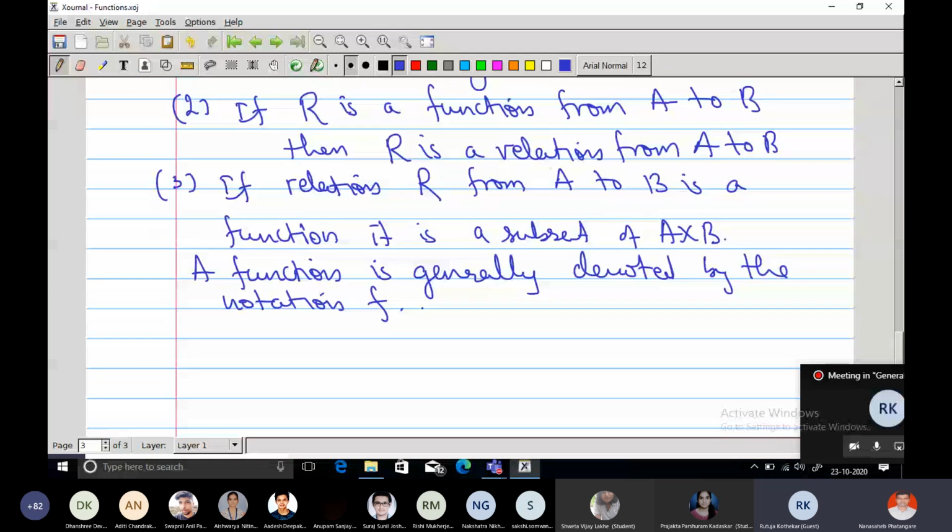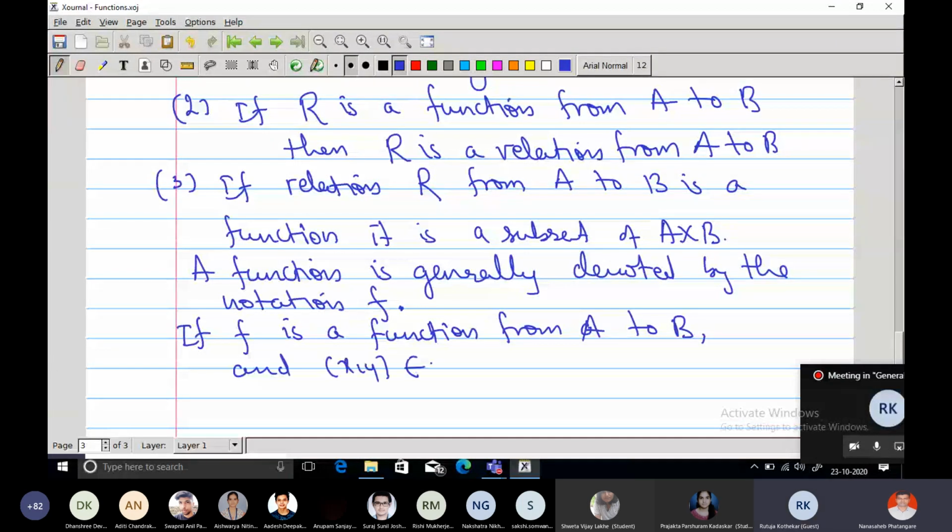So now if f is a function from A to B and (x, y) belongs to f, then, do you understand? f is a function, which means it is a relation, and the members are the pairs (x, y).